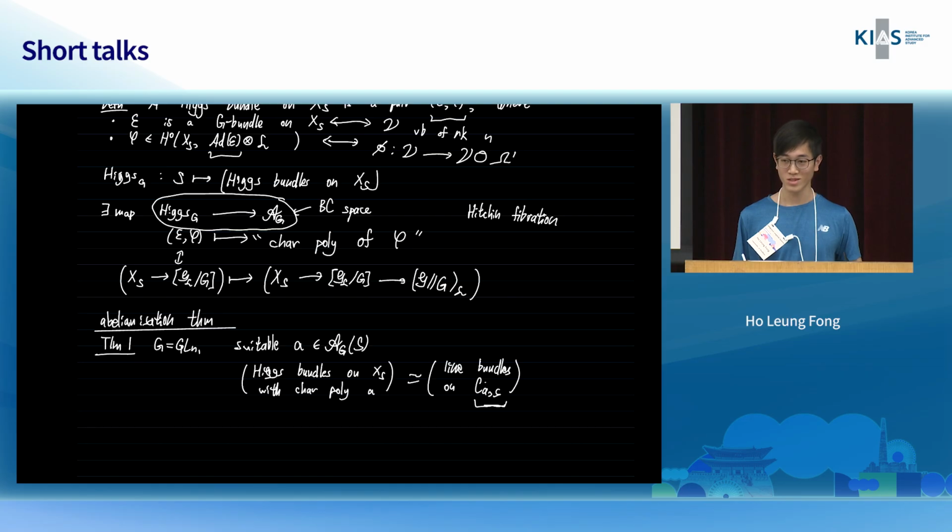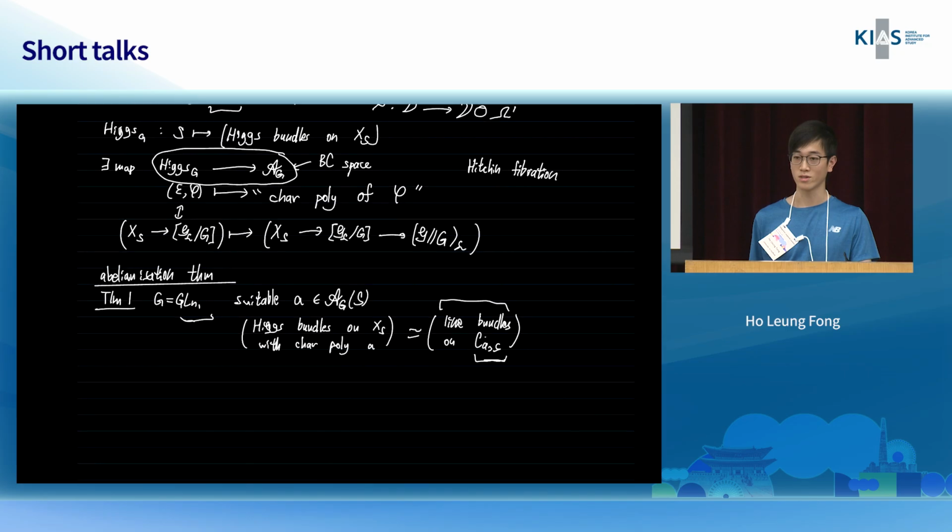But what's interesting about this theorem is that GL_n is non-abelian, but you can relate this with line bundles on C_a, and a line bundle is just a G_m-bundle and is abelian.